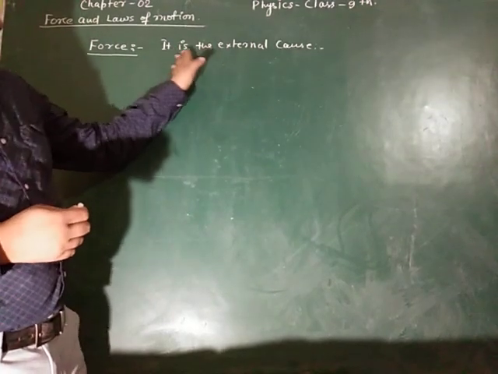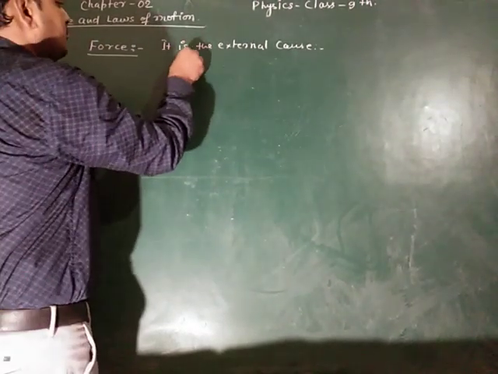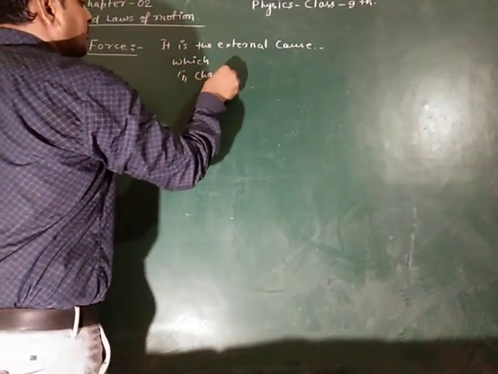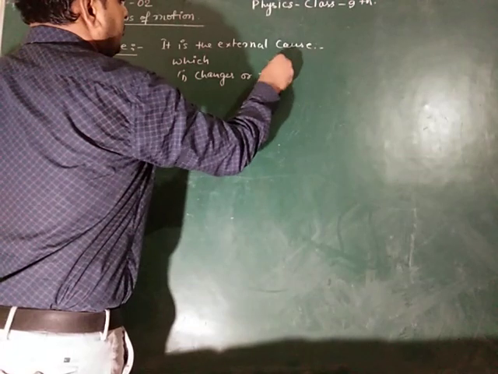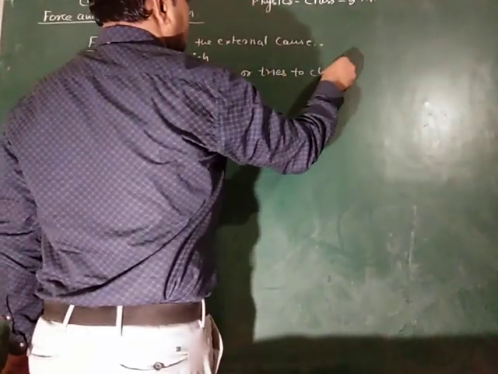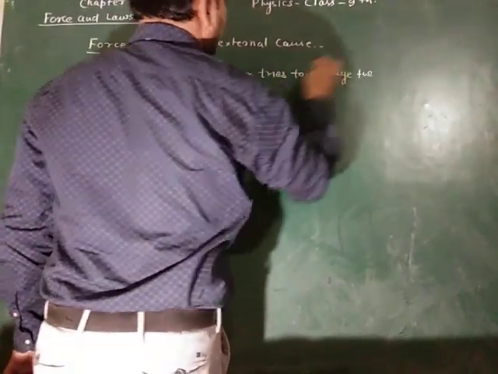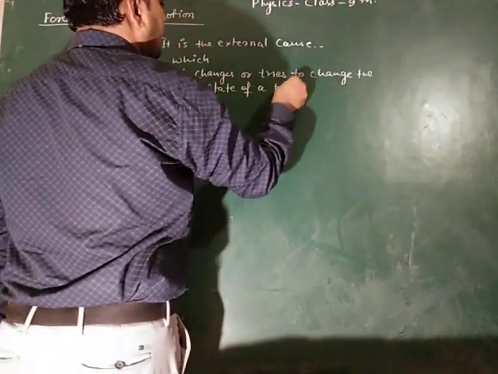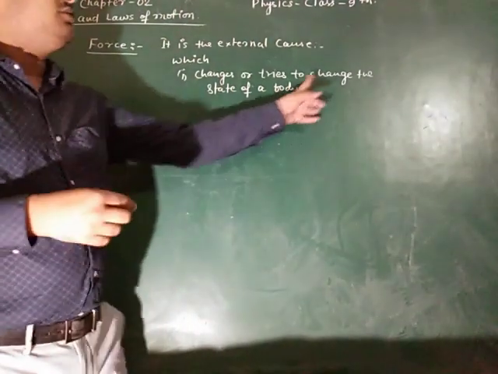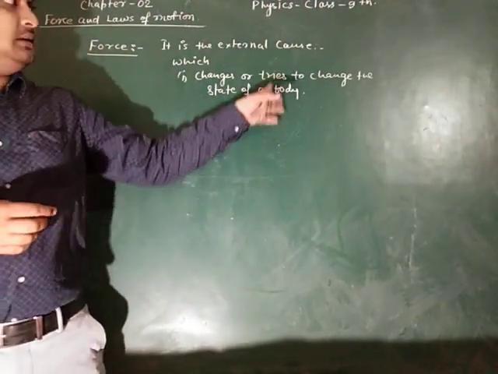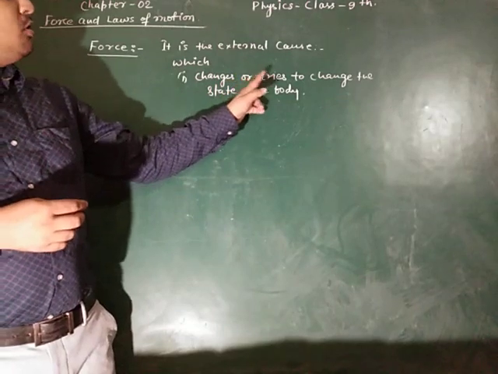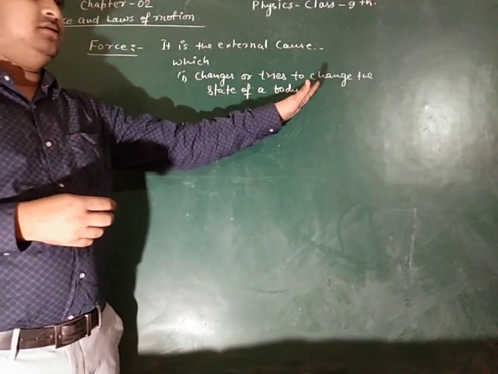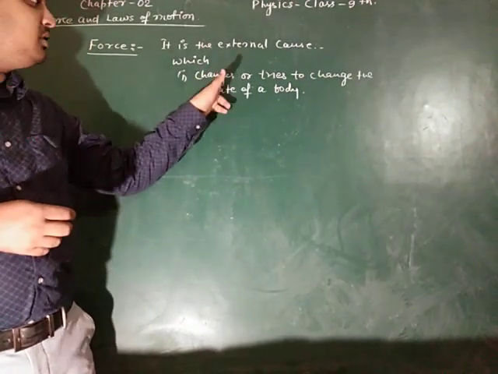It is the external cause which, number one, changes or tries to change the state of a body. It means the body can change or try to change. It is not necessary that the force changes the state, but at least it can try.